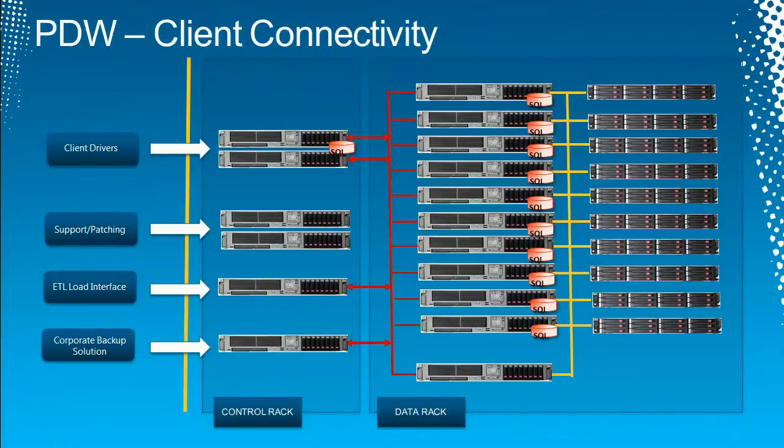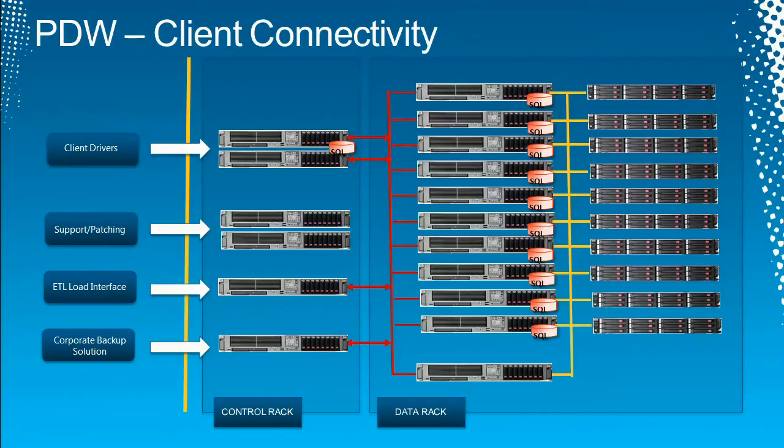Now, if you look on PDW connectivity, you see that yellow line there, like right in the middle. You have your client drivers, you have your support and patching, ETL process, and corporate backup solution. Okay? Everything on the right side of that line is the PDW private network. Okay? It's the control rack and the data rack, well connected, working together.